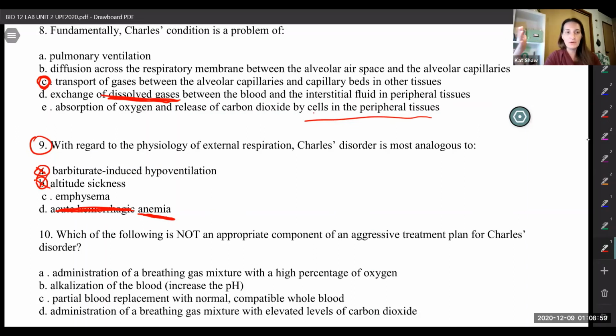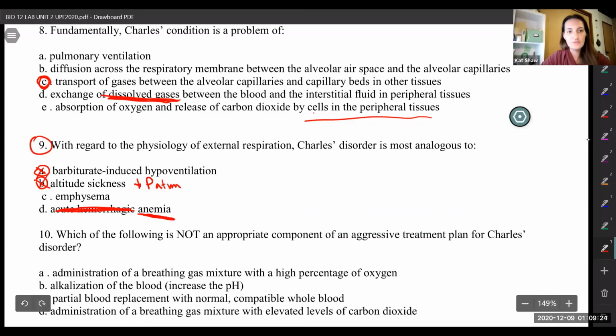PATM would be lower with the problem with altitude sickness, which would be why the CO2 is being lost at a greater rate, potentially producing a respiratory alkalosis for the individual. And the oxygen has problems diffusing in due to that change in PATM, atmospheric pressure.